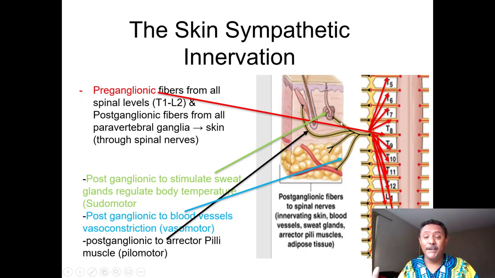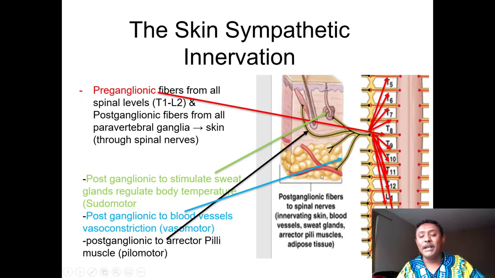You're in fear. You're in danger, right? What will happen to your sweat glands? It will produce more sweat, right? So you're going to be sweating. Now what will happen to your hair? Through this muscle, which is erector pili, the hair is going to stand, the end of the hair is going to stand. That's what we call goosebumps, right?